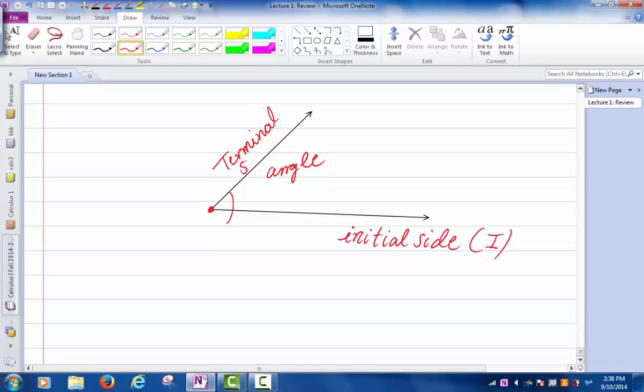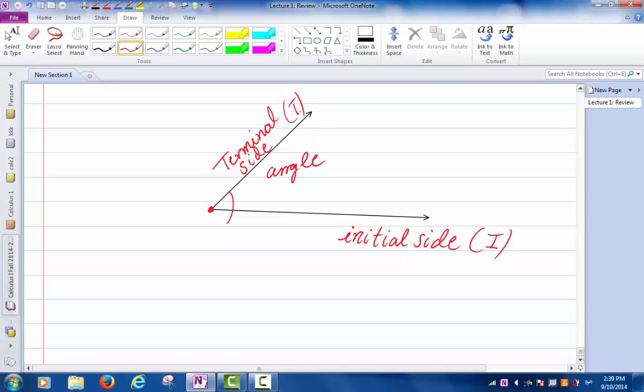The way you want to view this, though, is that the initial side is always fixed, and the terminal side always starts at the initial side. Then you revolve the terminal side either counterclockwise or clockwise in order to create your angles.